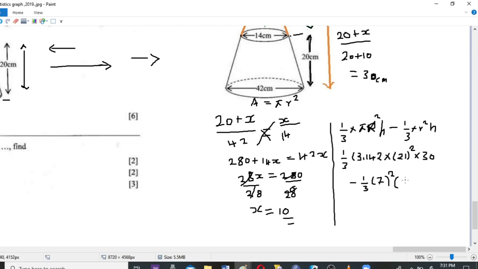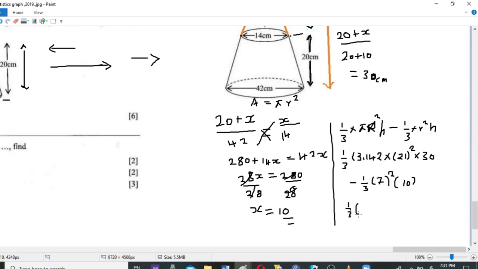And then the height for this one is just 10, which is the value of x, right? Now we can find the difference here. First we can factorize 1 over 3. Now we can multiply there.